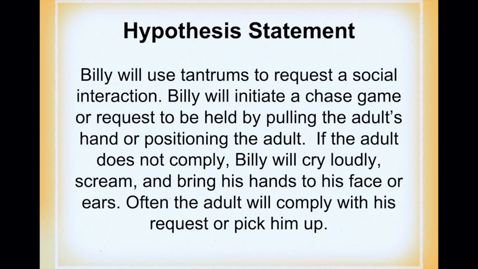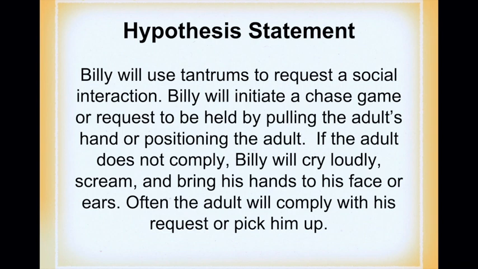Here's another example of a different hypothesis statement that contains all of these disparate elements together too. So we have Billy will use tantrums to request a social interaction. Billy will initiate a chase game or request to be held by pulling the adult's hand or positioning the adult.